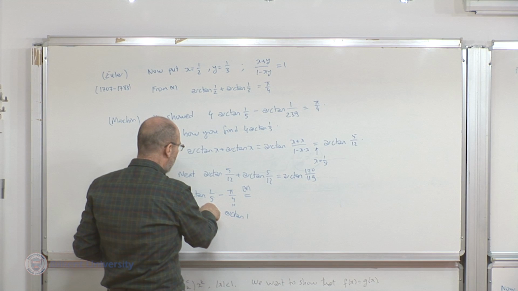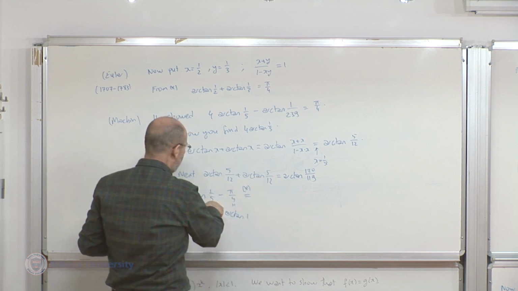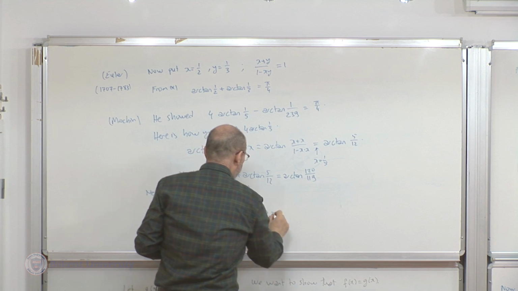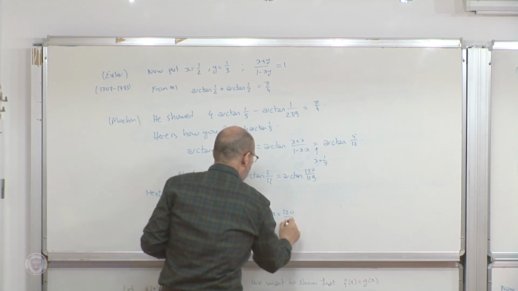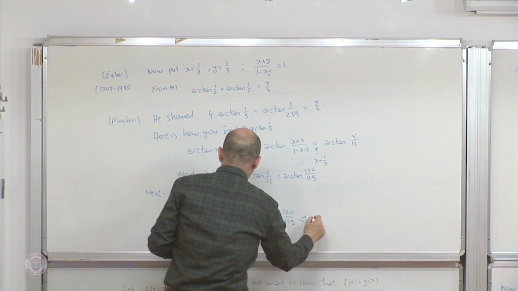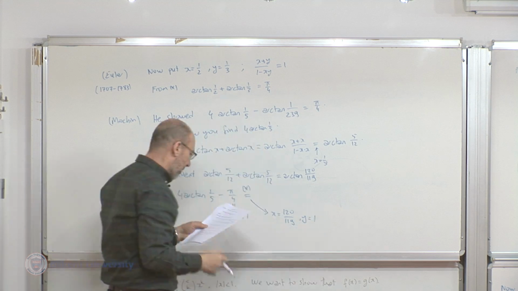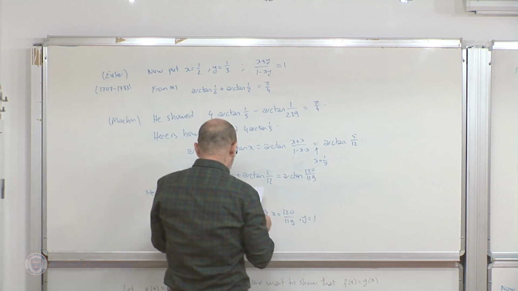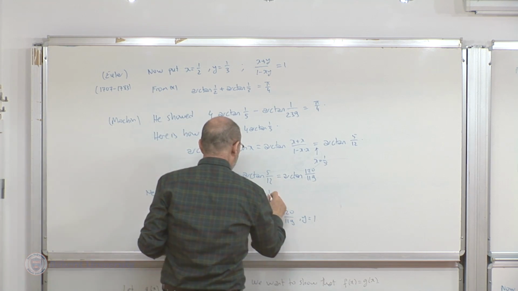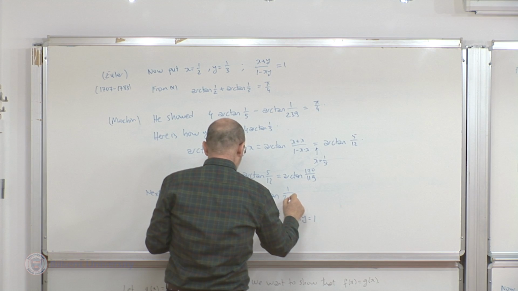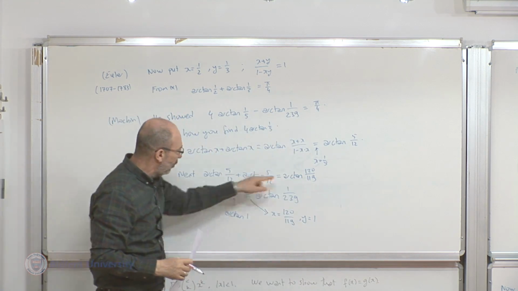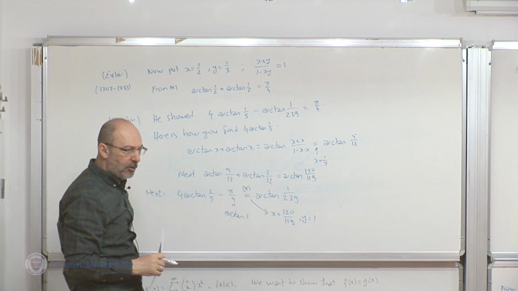So you put 4 arctangent 1 over 5, this is equal to arctangent here. So here you put x equals 120 over 119 and y equals 1. Okay? And what you get is arctangent 1 over 239, this number. Okay? So now you take it over there, you bring it over here.